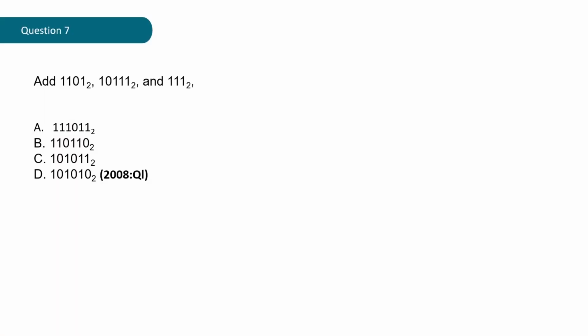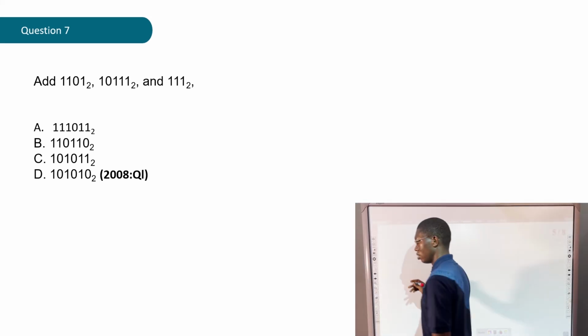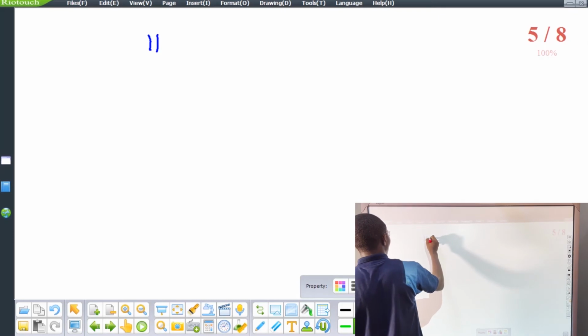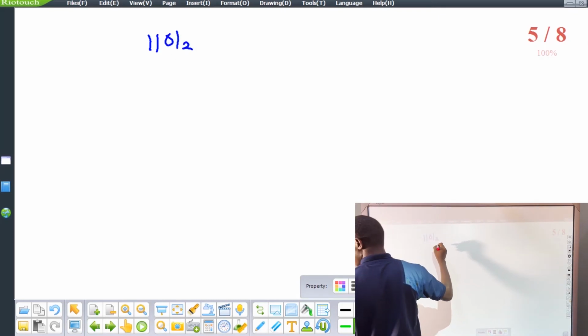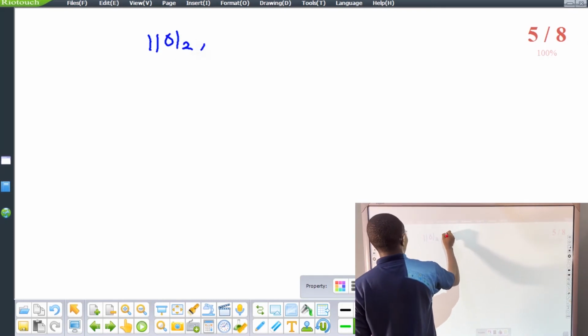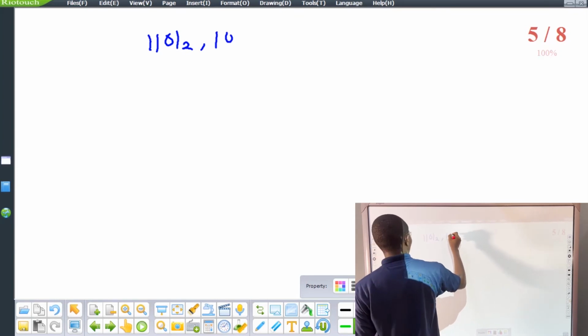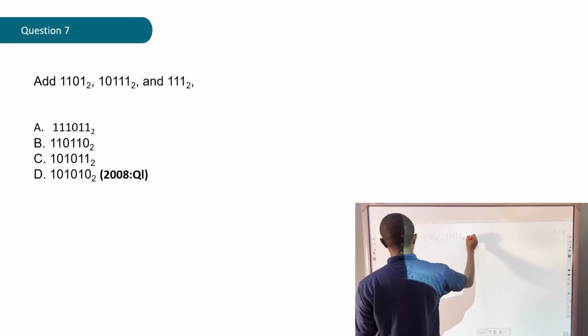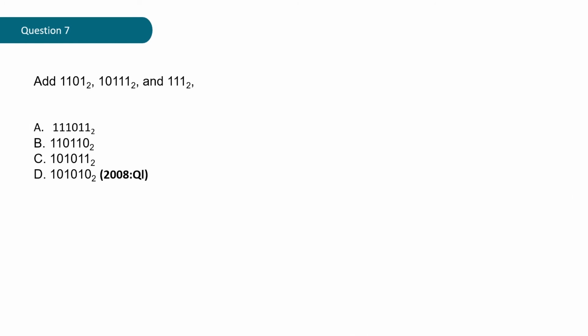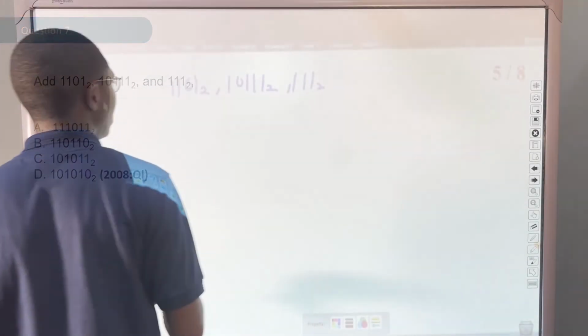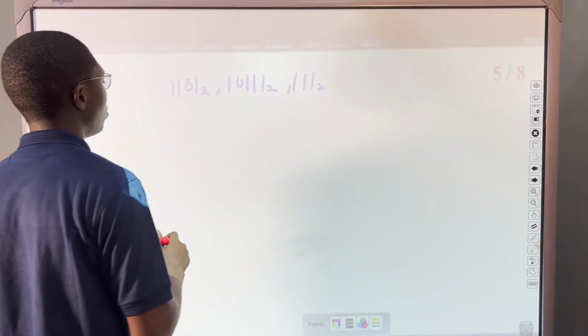Question 7. Question 7 is from the year 2008, which is question 1 of that year. So it says add 1 1 0 1 base 2, 1 0 1 1 1 base 2, and 1 1 1 base 2. We are going to add these three numbers in base 2.